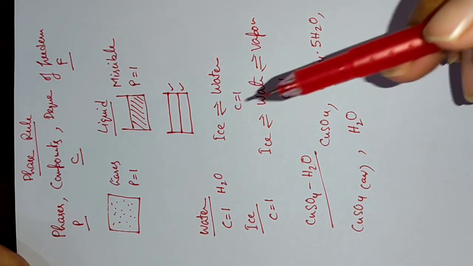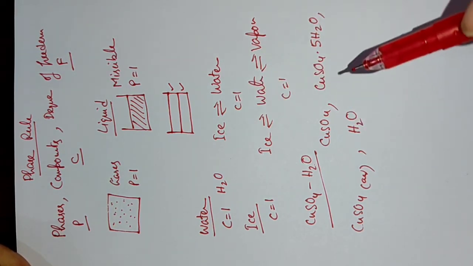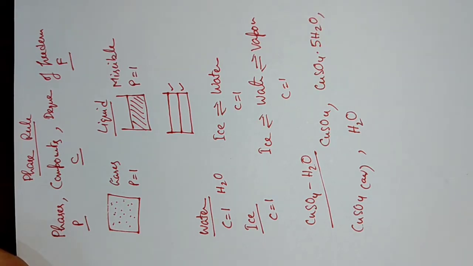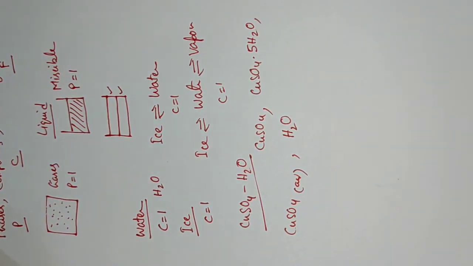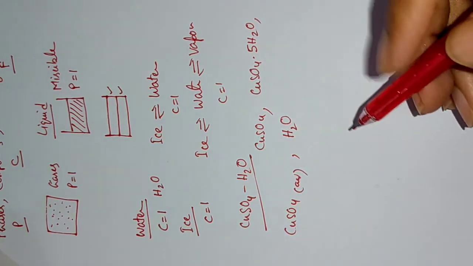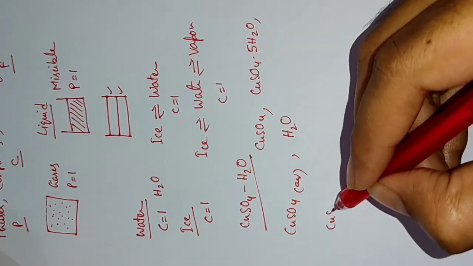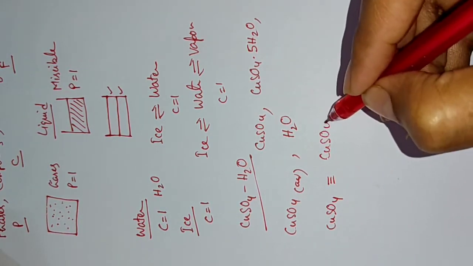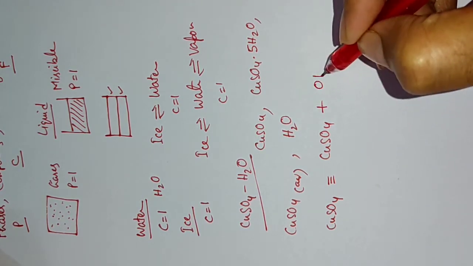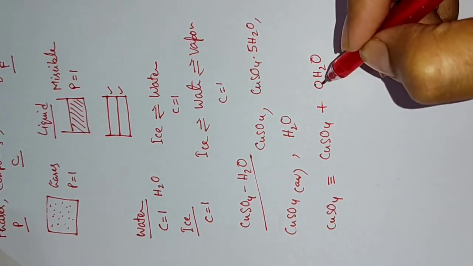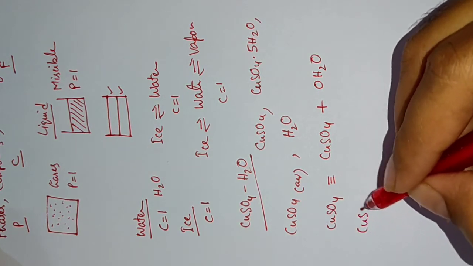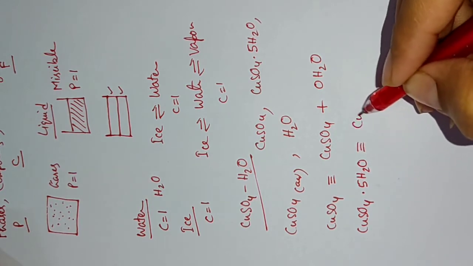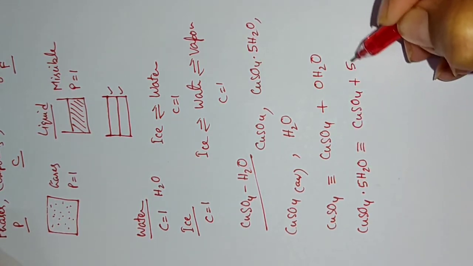Now, as component is defined as the smallest number of components which can define the entire system, all the phases, you can easily judge that only 2 components will be able to describe the entire system. For example, if you take the first one, CuSO4, then you will be able to express it as CuSO4 plus 0 H2O. If it is CuSO4.5H2O, then you can write CuSO4 plus 5H2O.